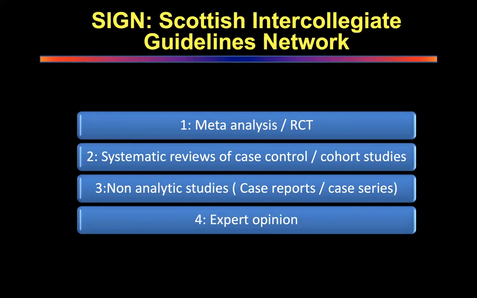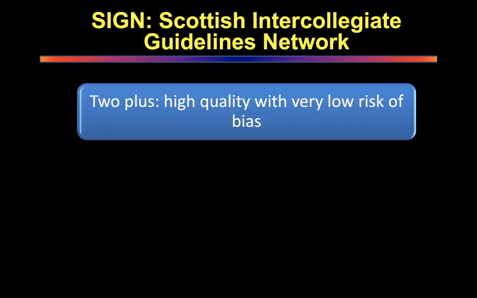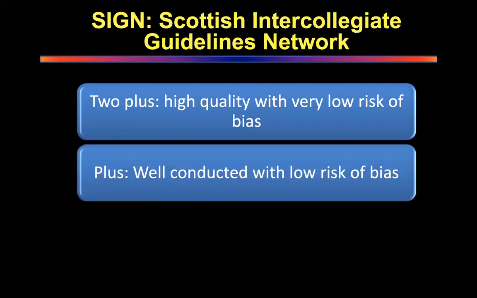In addition to this concept, what SIGN did was add pluses to each of these numbers. If you had a 2++, then it is high quality evidence with very low risk of bias. If you have a 1+, then it is well conducted with low risk of bias. The first one was very low risk of bias, the second one is low risk of bias.